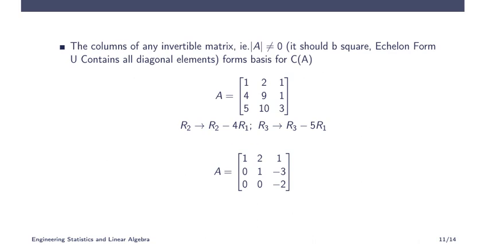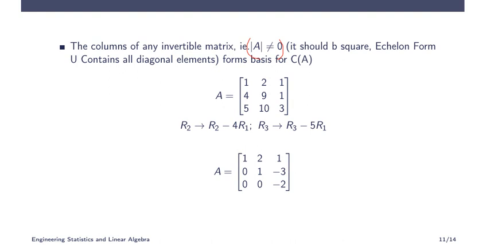Another condition is the columns of any invertible matrix. Invertible matrix means its determinant will not be 0, because we know that the inverse of A is adjoint A divided by determinant A, so the denominator should not be 0, right?